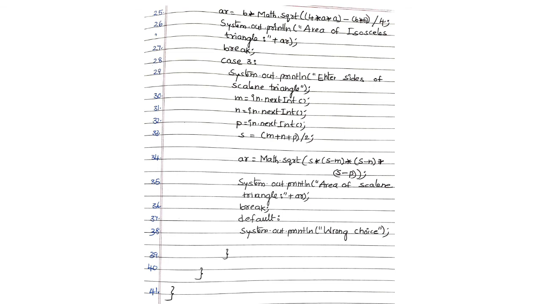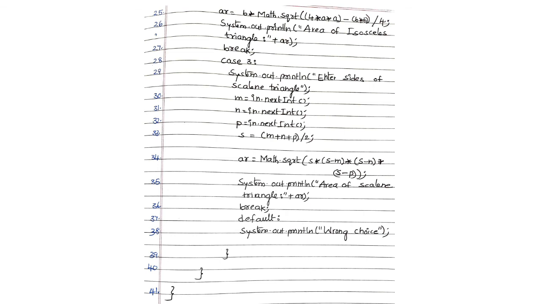And in the next statement, I have calculated the area of the scalene triangle, that is equal to Math.sqrt of s into s minus m into s minus n into s minus p. This formula is already given in the program.